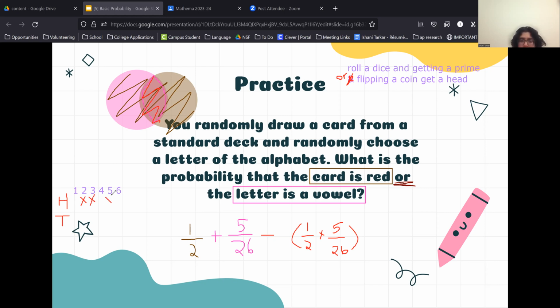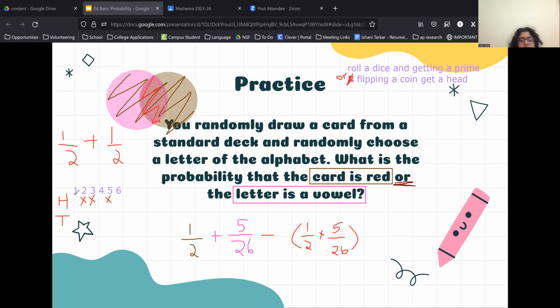If we say we can roll a dice and get a prime, we solved that earlier and we found it was 1/2. And if we flipped a coin and got a head, that's also a 1/2 probability, right? So that makes it seem like we have a total of 100% as the probability of rolling a prime or flipping a head.